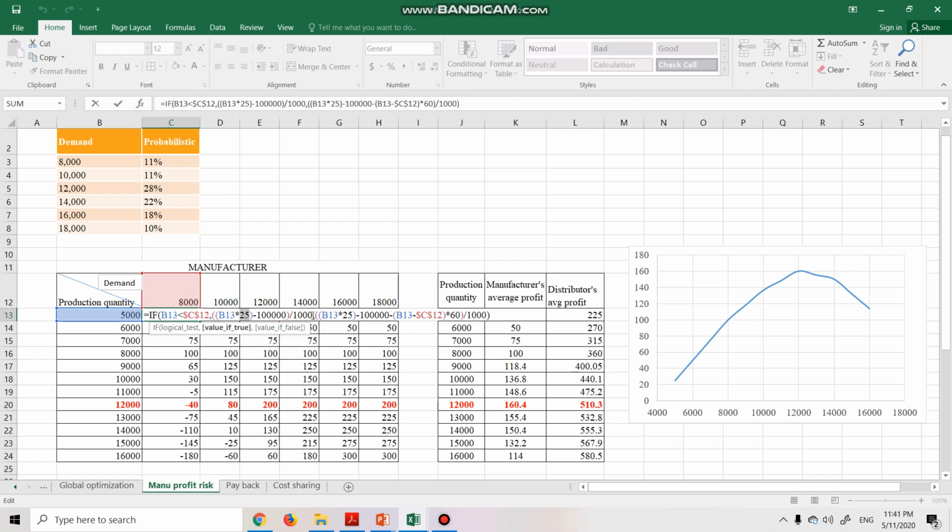If you don't want to divide by 1000, it's okay, because I just want to simplify the number. I just want to eliminate 3 zeros. That's why I divide by 1000.